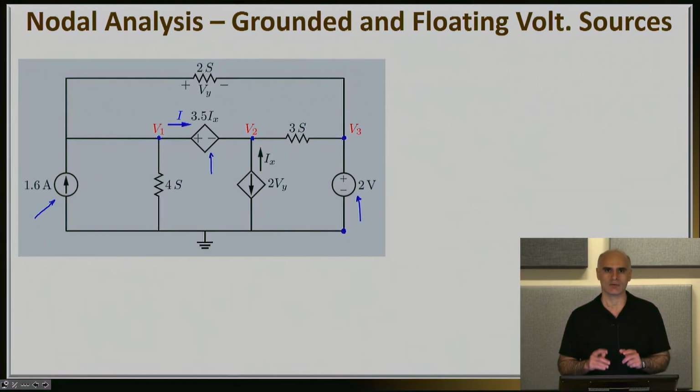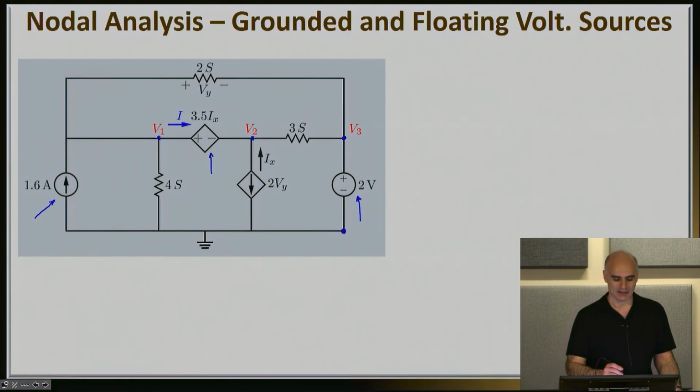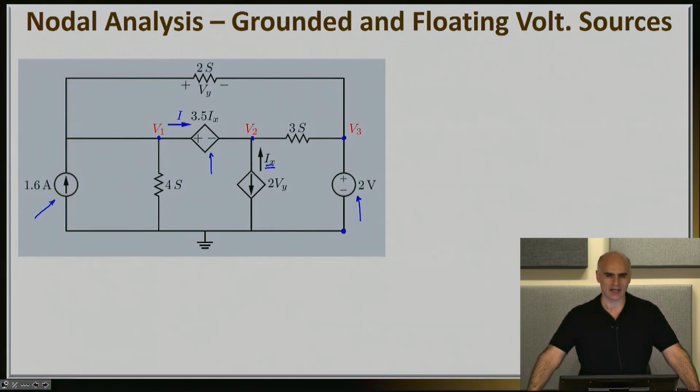To make things even worse, this floating voltage source is a dependent voltage source, meaning its value is not something like 2 or 5 volts, but rather it depends on some other current. In this particular case, its value is 3.5 Ix, where Ix is the current right here. This will not change the way we're treating floating voltage sources, but it will add one more degree where we have to think about what to do with that dependency.